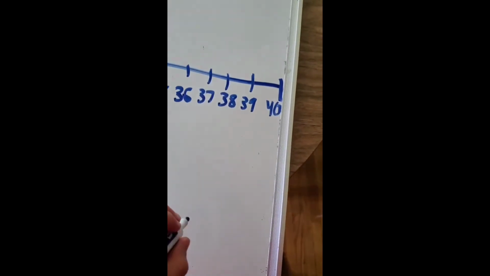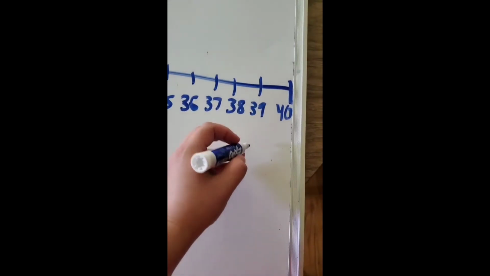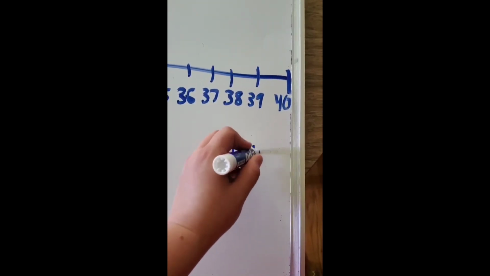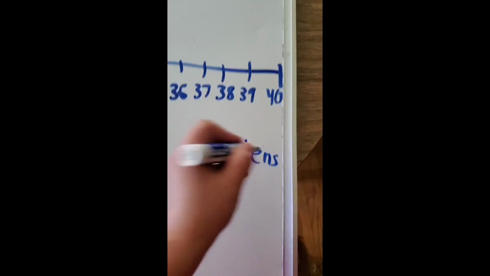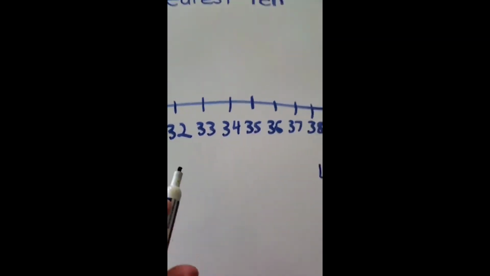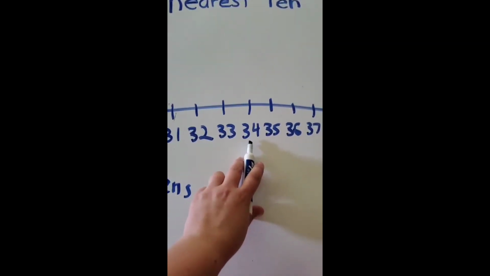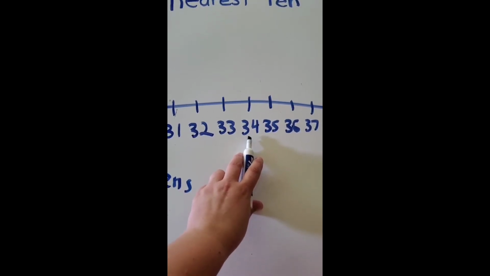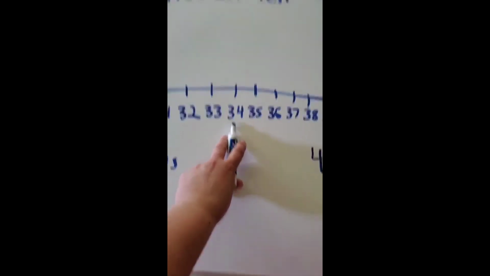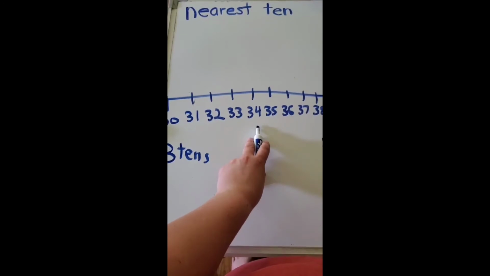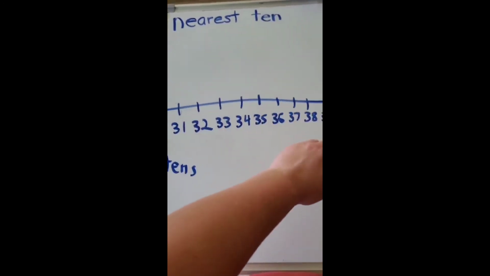And what about 40? What is that in tens? You're right. 4 tens. Now, I'm going to point to the number 34. Is 34 closer to 30 or 40? What do you think?